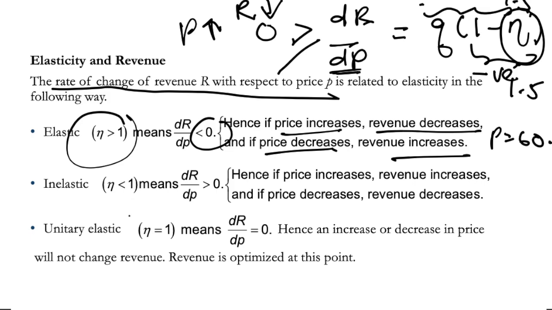On the other hand, if the eta value is less than 1, then you could expect the whole thing here becomes positive. So if price increases, revenue also increases and vice versa. But if it is equivalent to 1, let me erase this.